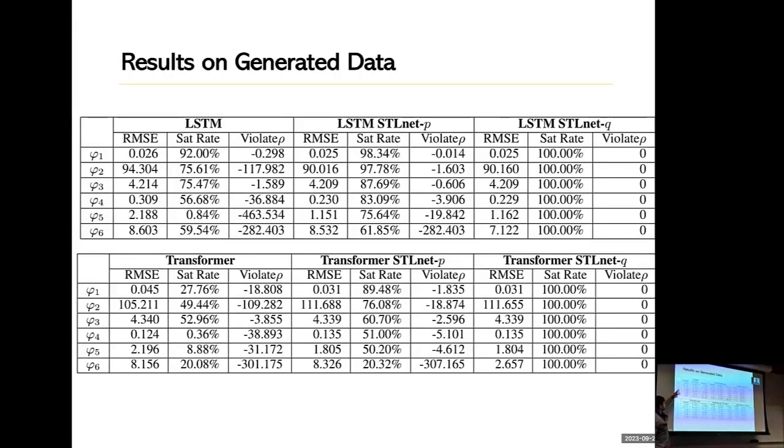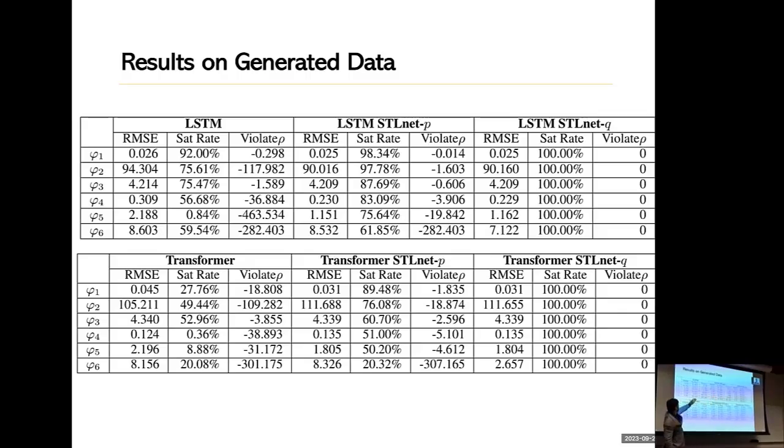And so for results on generated data, they looked at generated sequences, both LSTM and transformer. And they look at P and Q, where Q is the teacher and P is the student. And so you see the satisfaction rate is not at 100%.